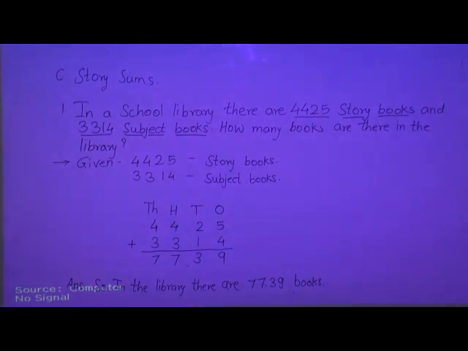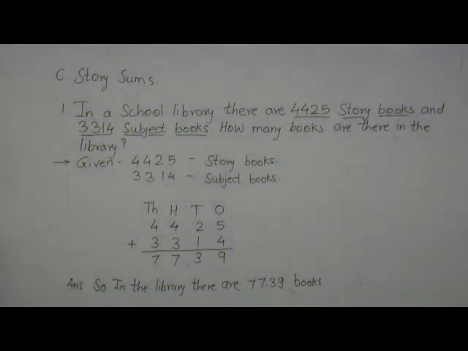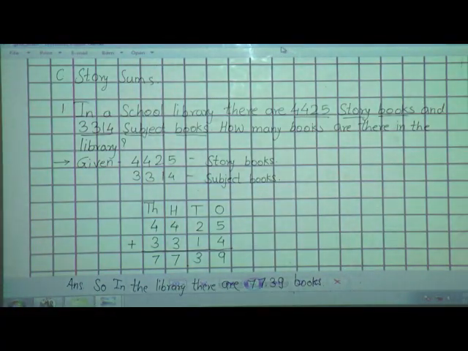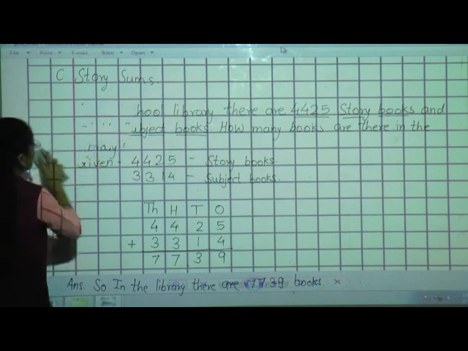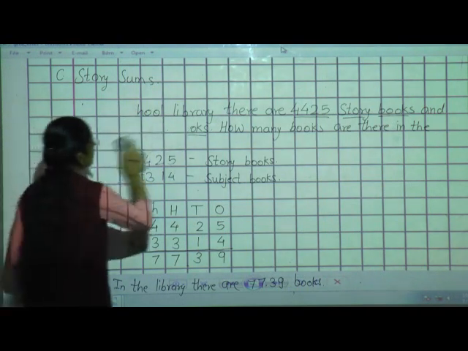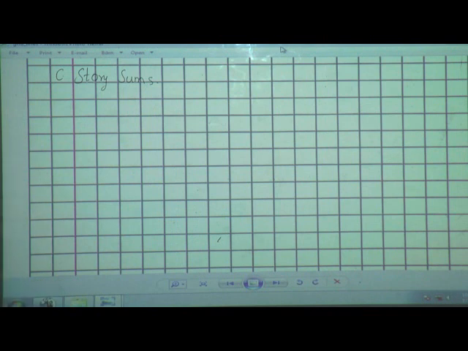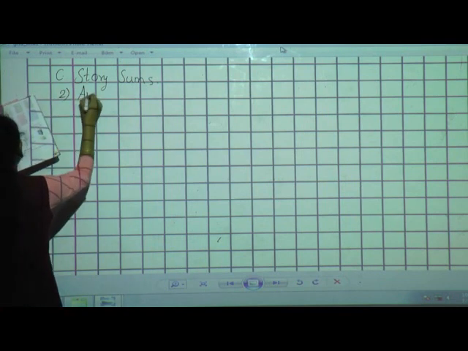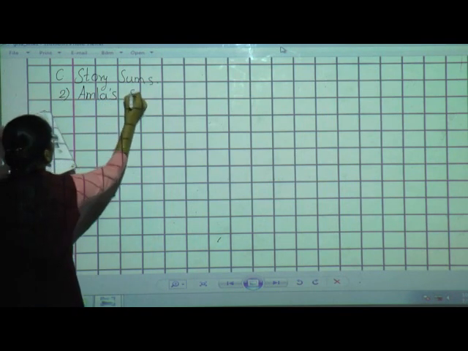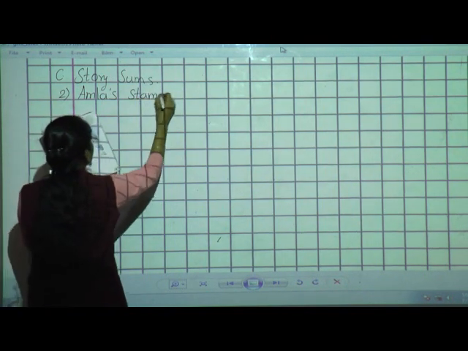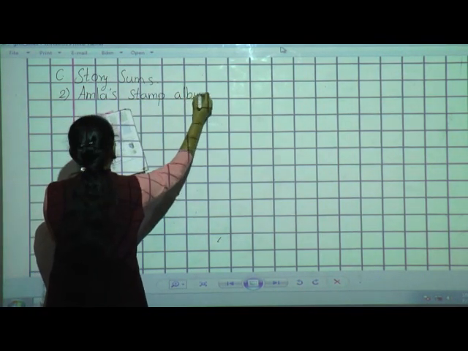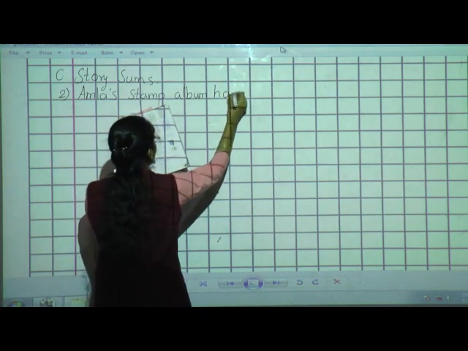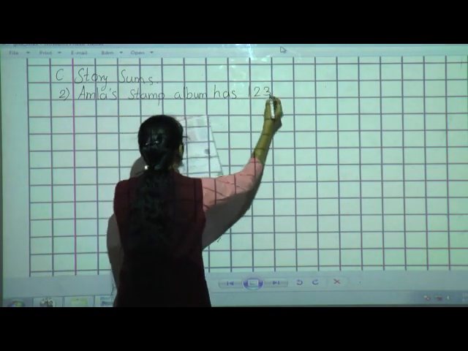Now one more story sum is there. This example is: Amla's stamp album has 1,234 stamps.